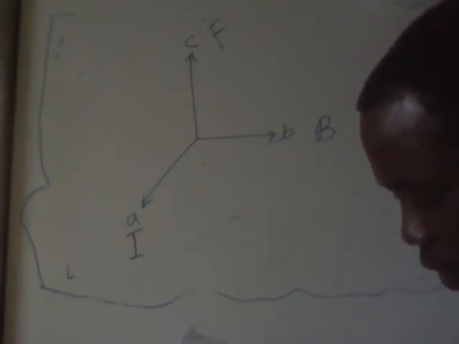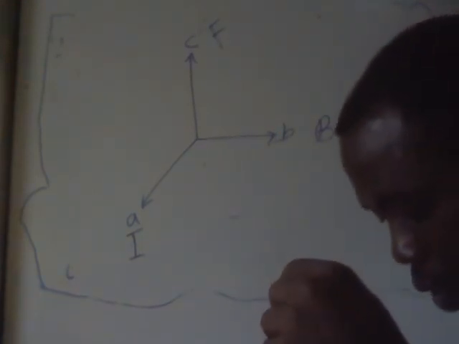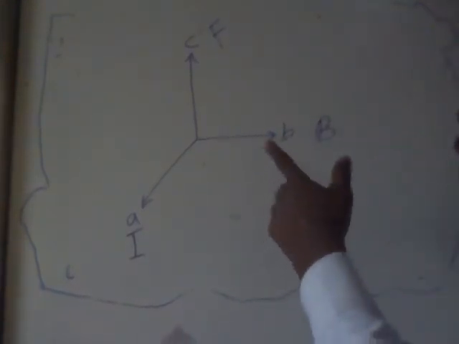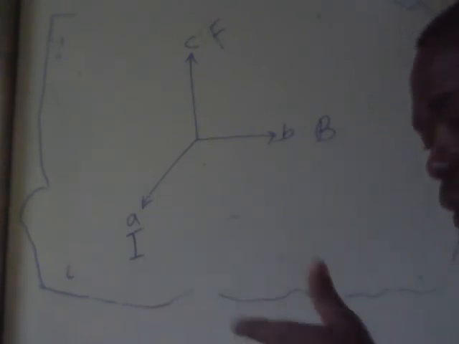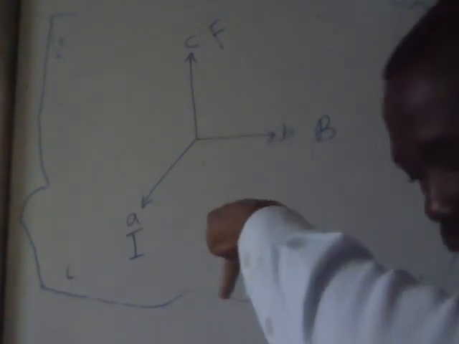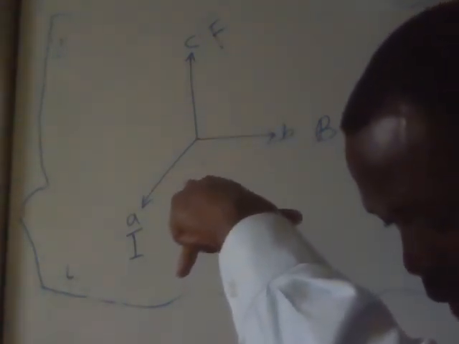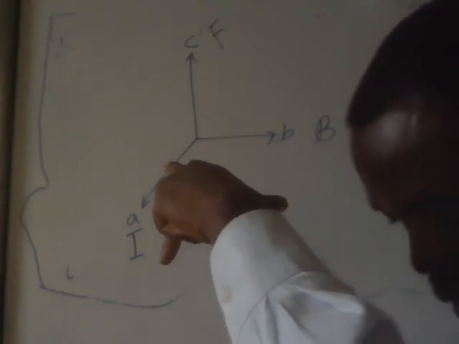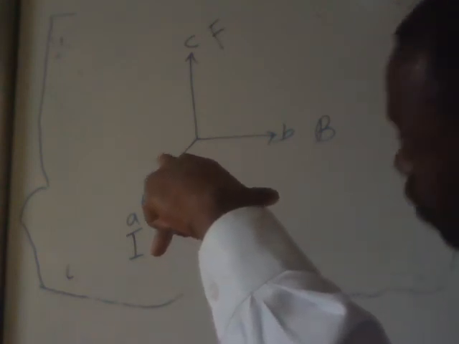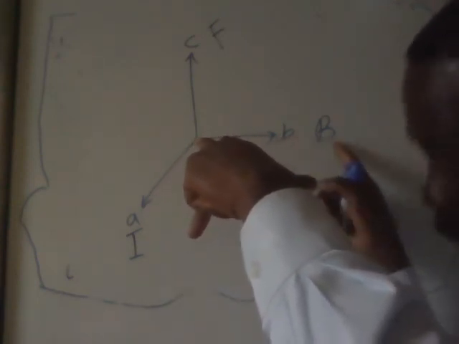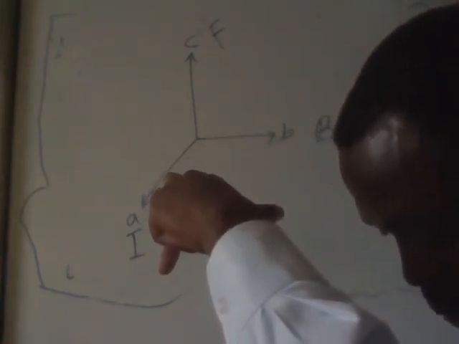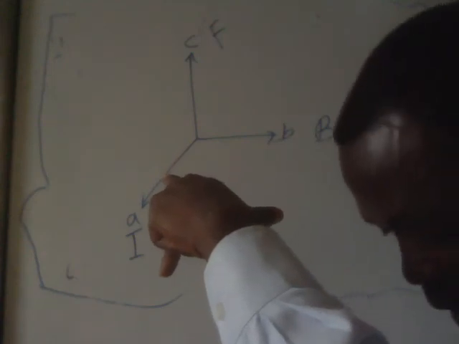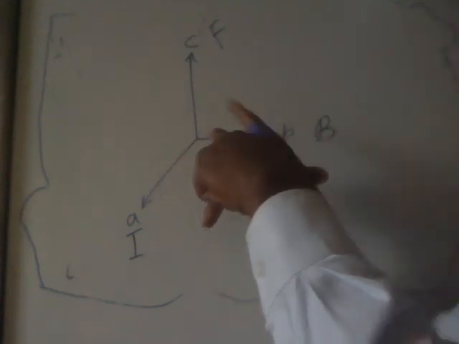Which of the following statements is correct about it? They now said if A is current, let me put my fingers again. If this one is current, B is field, and C is motion.